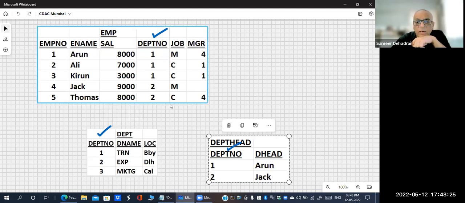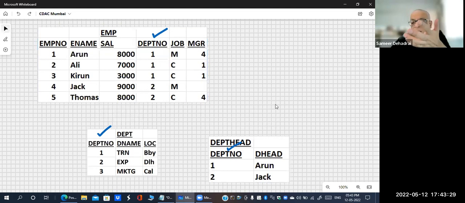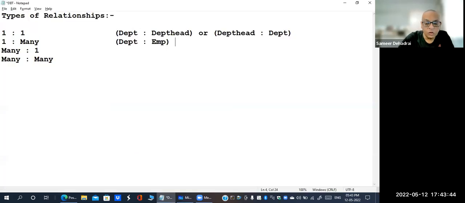And Jack is having these remaining two employees working under him. Is also an example of one is to many. So department head table is to EMP table is the second example of one is to many. So we have two such examples here.